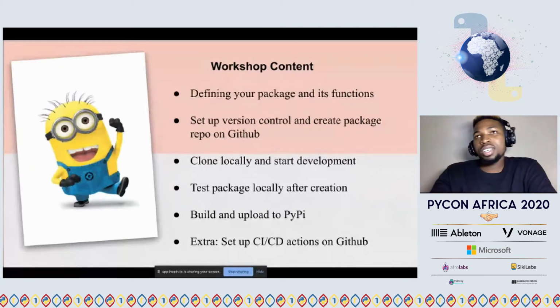Because essentially you are creating a product or a tool that makes development easier and better for other people. So before you start your development, you have to have an idea of what your tool is going to do. If you can define your package and the functions that are going to be in the package, then you can plan out your workflow and everything will flow seamlessly.